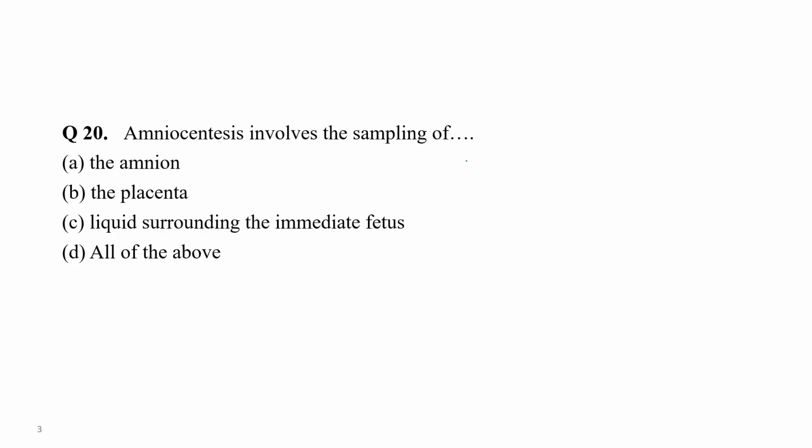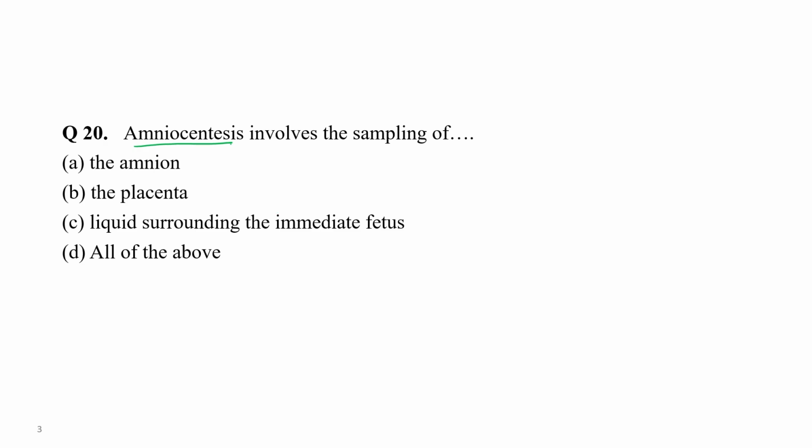Next, amniocentesis involves the sampling of the amnion, the placenta, liquid surrounding the immediate fetus, or all of the above. Amniocentesis involves the sampling of liquid around the fetus, liquid present in the uterus.